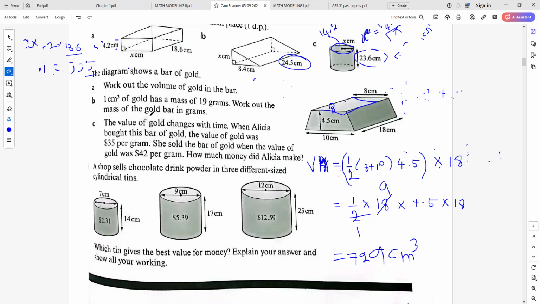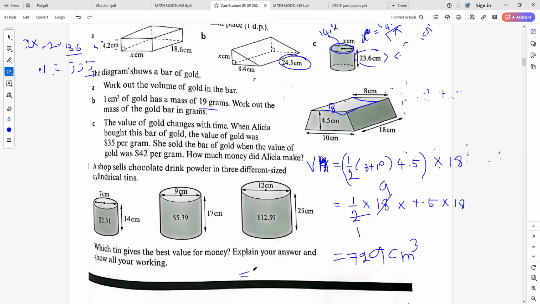Okay. Now, 1 centimeter cube of the gold has a mass of 19 grams. Work out the mass of the gold bar in grams. So the total mass: 1 centimeter cube weighs 19 grams, then this 729 centimeter cube will weigh, you just multiply the volume by the mass per unit volume.